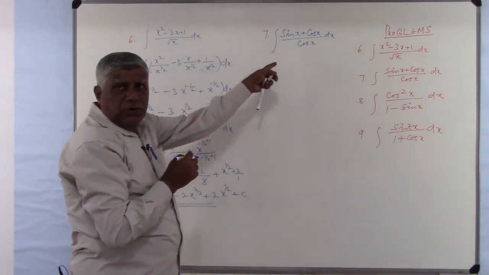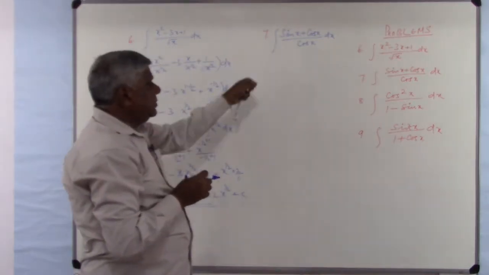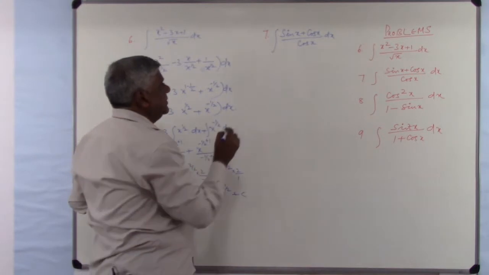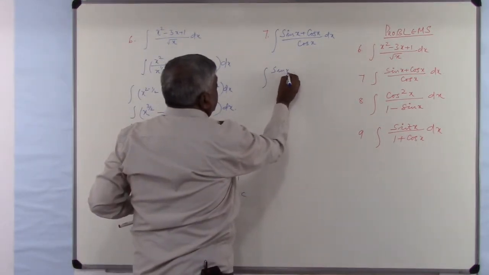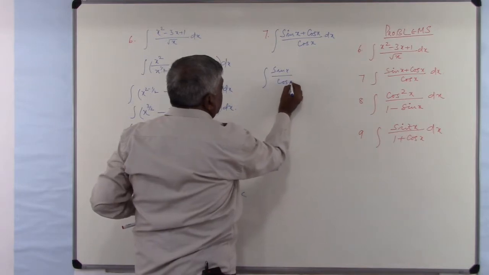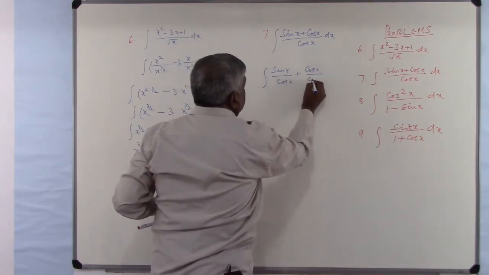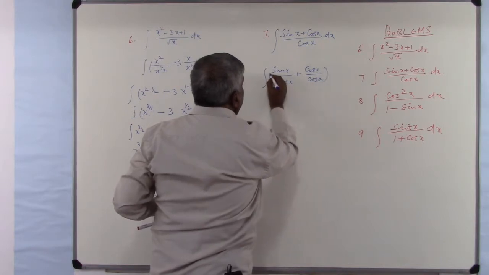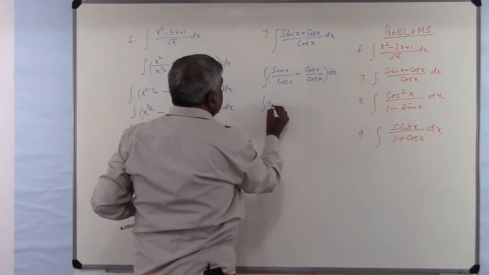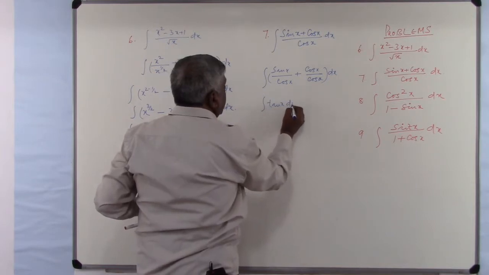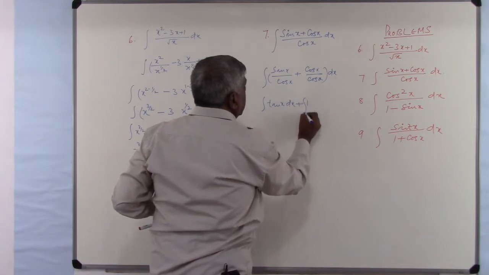This also we are going to split like this. Integral of sin x by cos x plus cos x by cos x into dx. That is integral of tan x dx plus integral of 1 into dx.